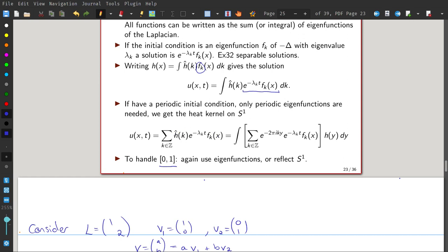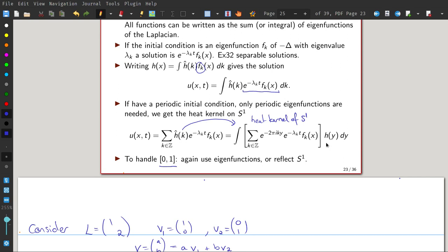And then if we write out what this is as an integral and rearrange things, we have what is inside this bracket here, integrated over this, and we call this the heat kernel of S1. Just like we got heat kernels from the fundamental solution and symmetry, if we use this Fourier analysis technique, we can get a heat kernel for S1 when h is a periodic function in a very similar way.